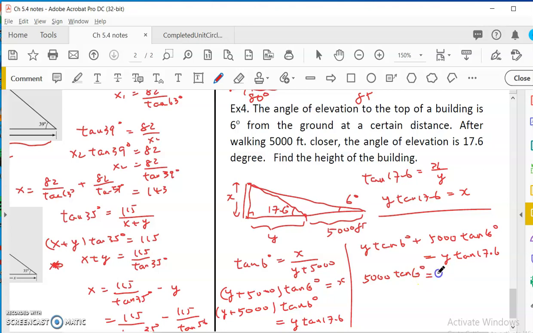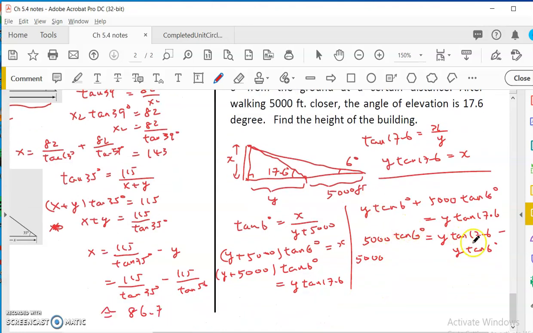On my right-hand side, I would have y tangent 17.6 minus y tangent 6. Now both of them have y, so you can factor it. The right-hand side would be y times the quantity tangent 17.6 minus tangent 6.